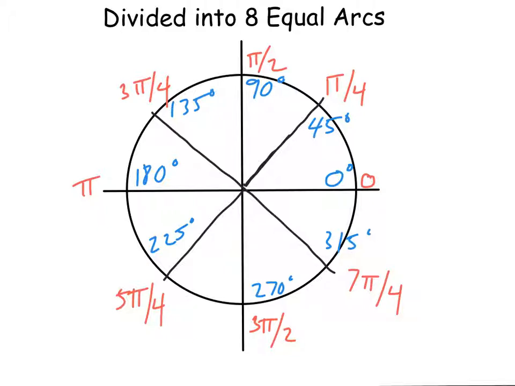Now I'm going to add the trig values. Now remember, I'm going to go around and do the quadrant points because those are a little bit different. The coordinates of this point are 1, 0. So at 0 it has a cosine of 1 and a sine value of 0.